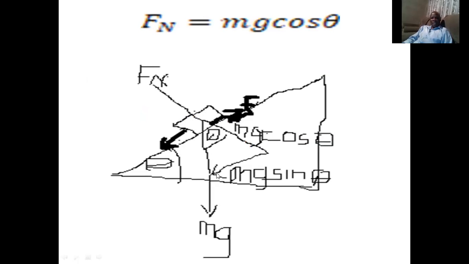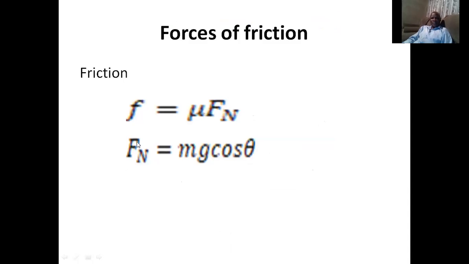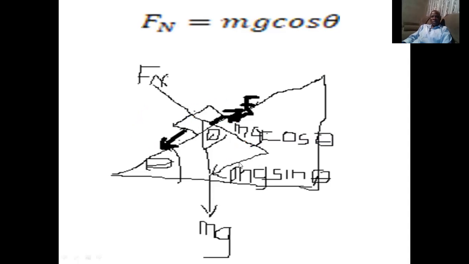If we draw a right angle triangle, we find that this side is adjacent to this angle, and therefore it represents mg cos theta, where the hypotenuse is mg, the weight of the object. So the normal force is equal to mg cos theta, which we have shown here, but only if the object is not moving up or down.